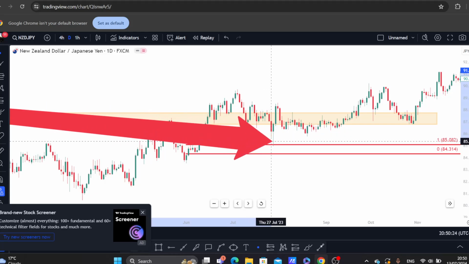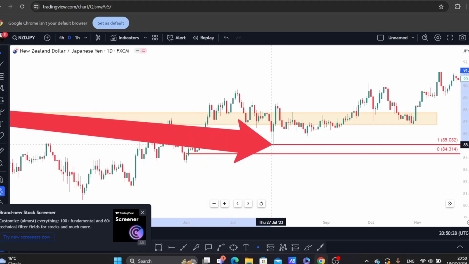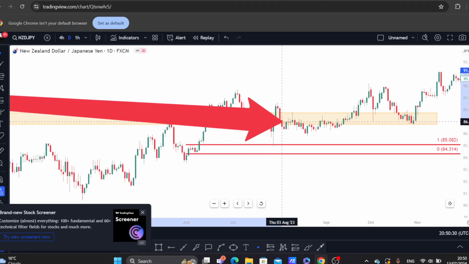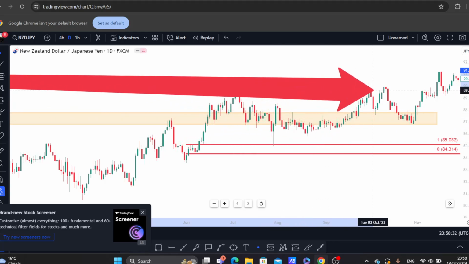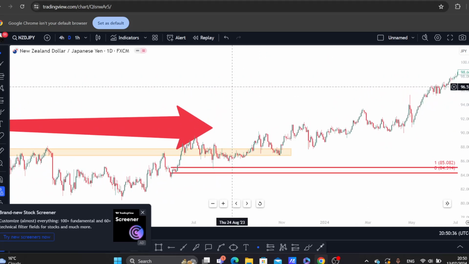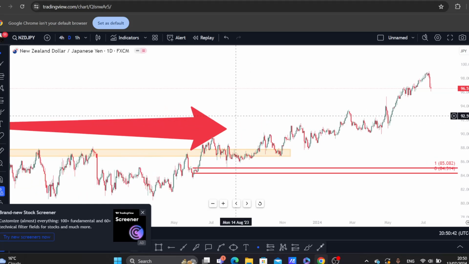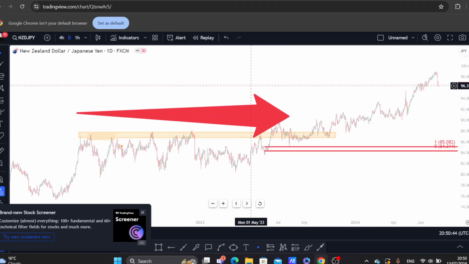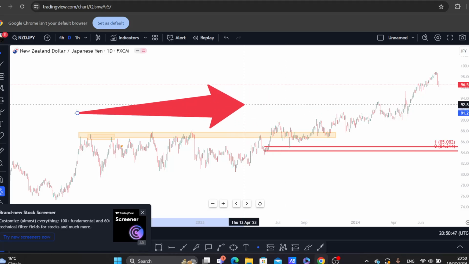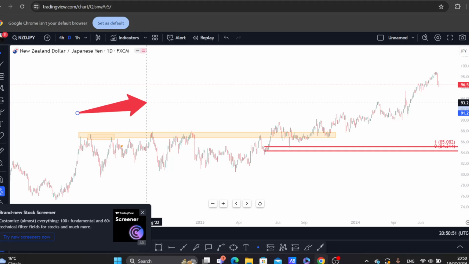It tapped the zone, and then bingo, we pushed to the upside. You see that? This is how I use supply and demand zones in trading the forex market.